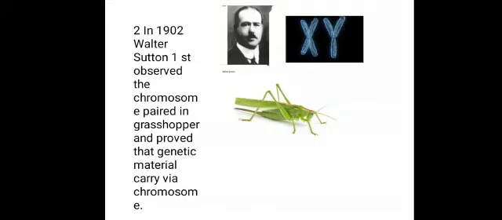So in the grasshopper body, they first found the chromosome pair in the form of X and Y. So here heredity then changes into the chromosome. Now not only with the help of genes, but with the help of chromosomes also, the hereditary characters are transferred.